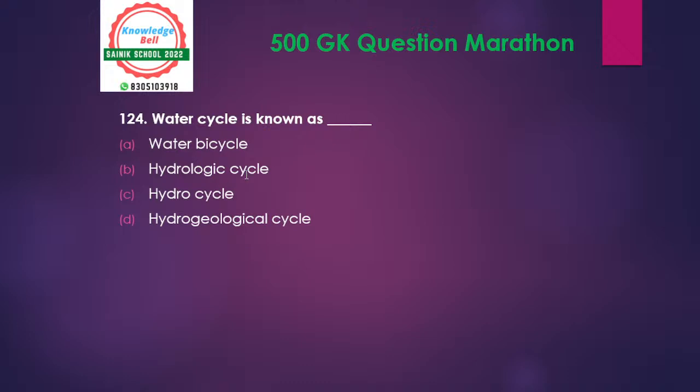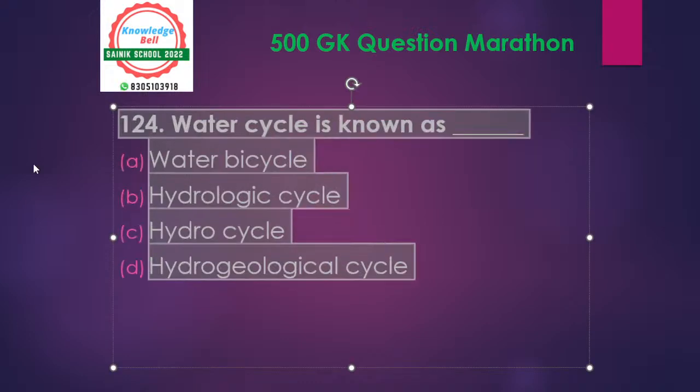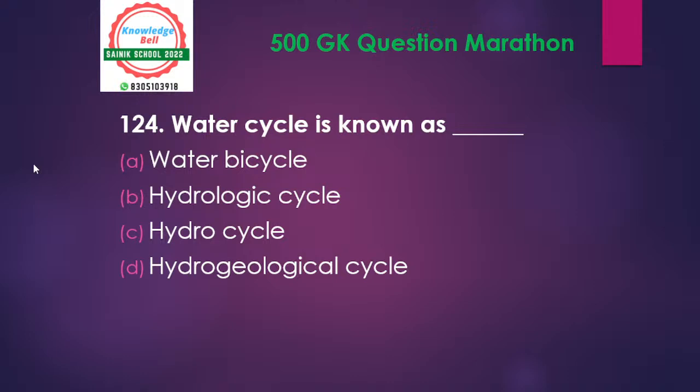The next question: water cycle is also known as. What is another name of the water cycle? Water bicycle, hydrologic cycle, hydrocycle, or hydrogeologic cycle. This is again a previous year question, from your 2022 Sainik School entrance exam. In such questions there should be no mistakes.